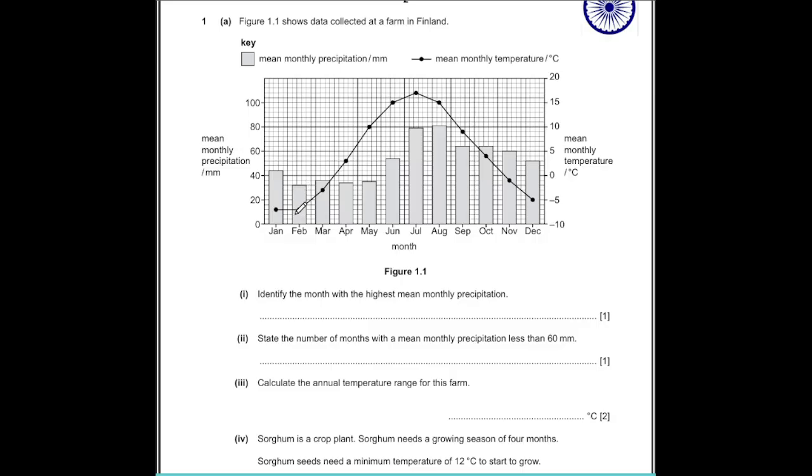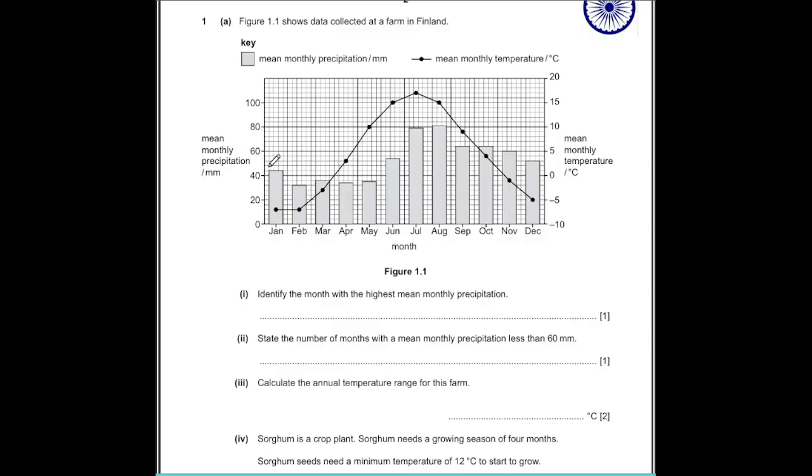Precipitation is at, let's say, 10, so that means 5, 10, each one is for 5, 45, 50, 55 and then 60.